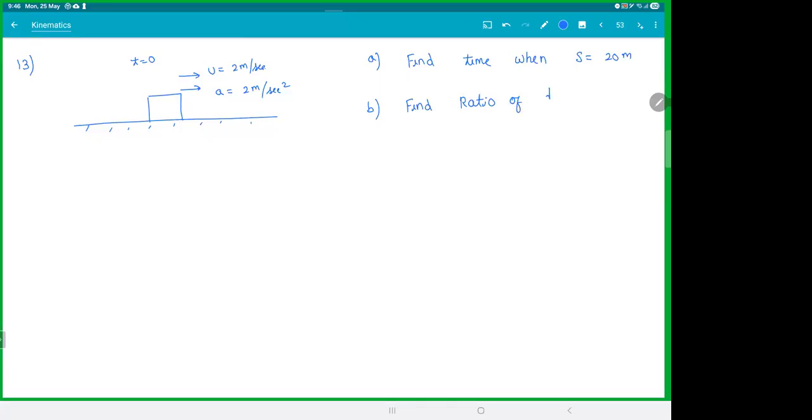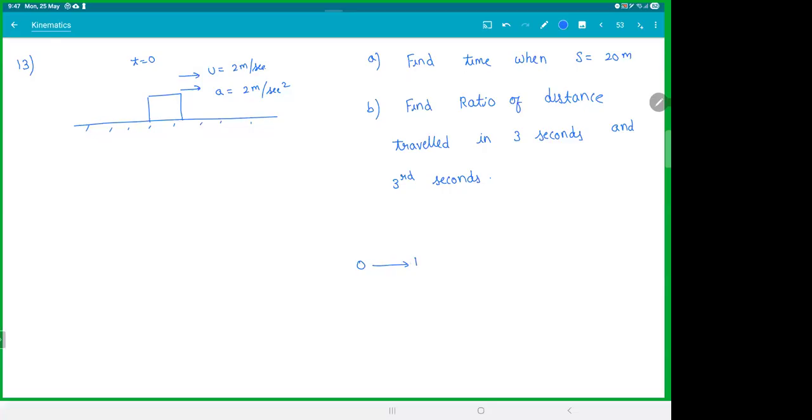Find ratio of distance traveled in 3 seconds and third second. Look at the wordings again. They're completely two different things. 3 seconds and third second. What does it mean? See, listen.